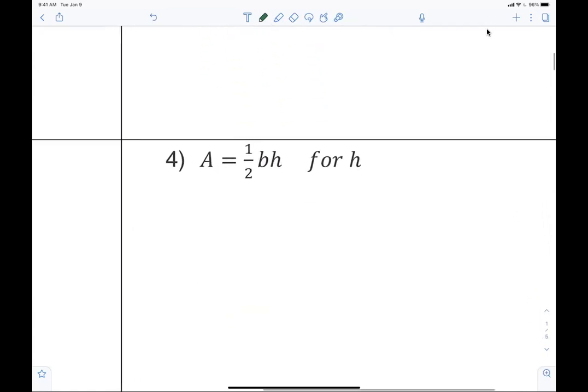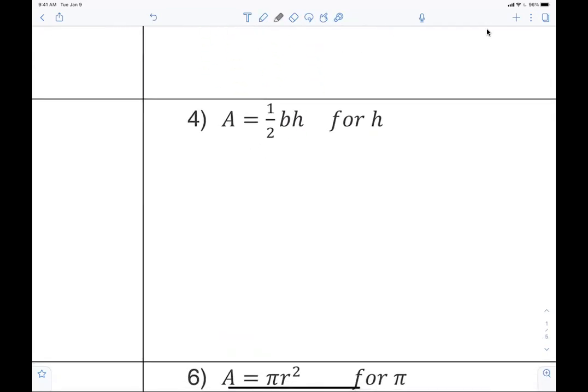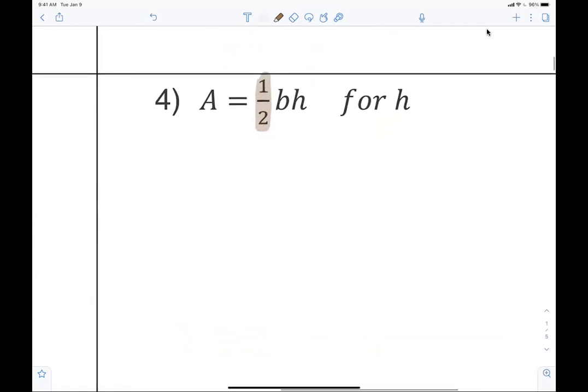Now I have the number 1/2. So to get rid of 1/2, I multiply by what? Yes, 2. If I multiply by 2, that gives me 2a. Now I understand the reciprocal of 1/2 is 2 over 1, but does the over 1 mean anything?